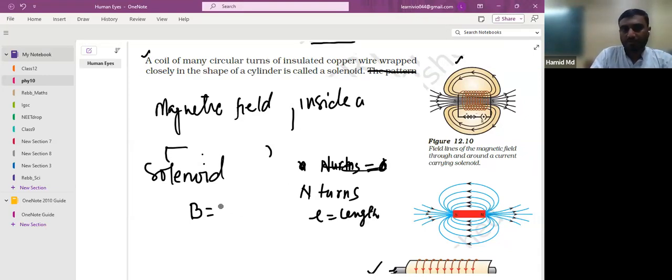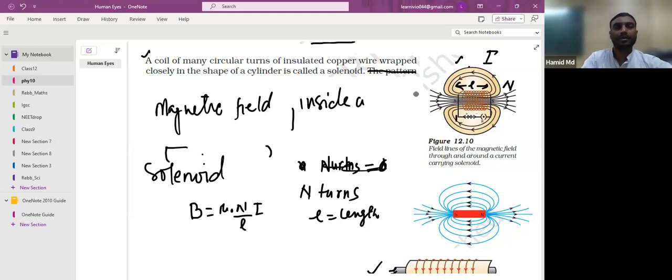So B will be given as mu naught times the total number of turns divided by the length of the solenoid, and the current flowing through it. The current flowing through this solenoid is I, the length is L and the number of turns is N.